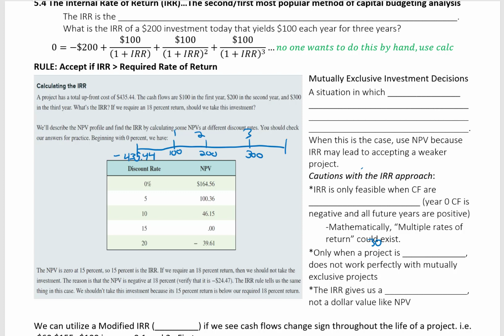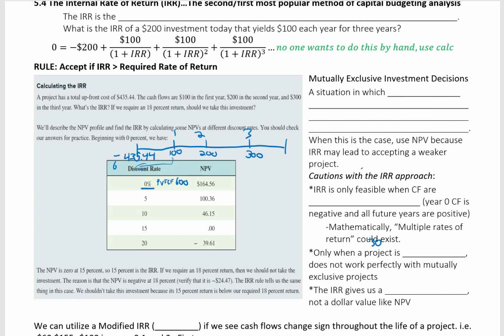Well, what this one first does is says, what is the NPV at different discount rates? So if we did no discounting, right, if we were able to go back here, then these are all present values. They don't decrease in value through time. So they would be 100, 200, 300, which would be $600. So that's the present value of the future cash flows, $600.